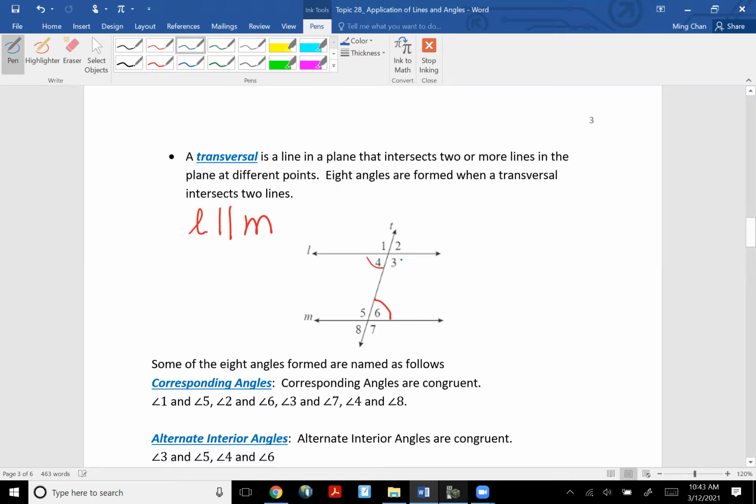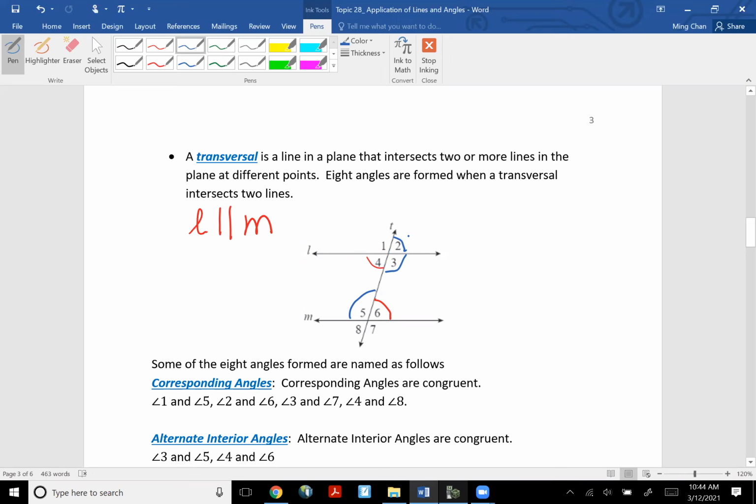And angle 3 and angle 5 are alternate interior angles. Interior means between the parallel lines. Alternate means on the what? Alternating the side of the transversal. So remember angle 2 and angle 4. See the two lines, the L and the T intersecting at one point. So 2 and 4 are vertical angles.